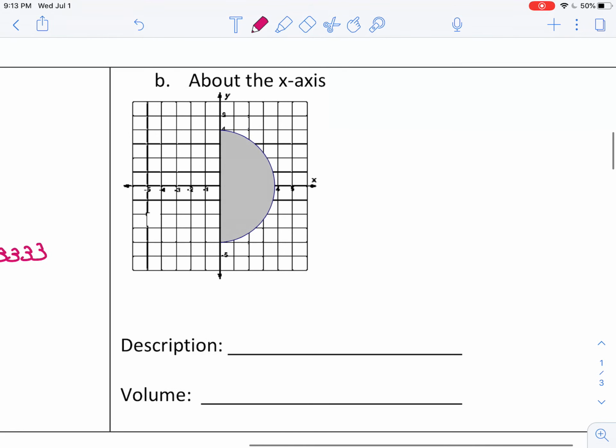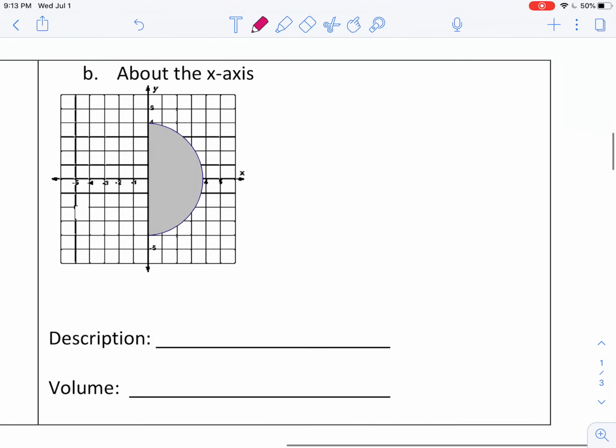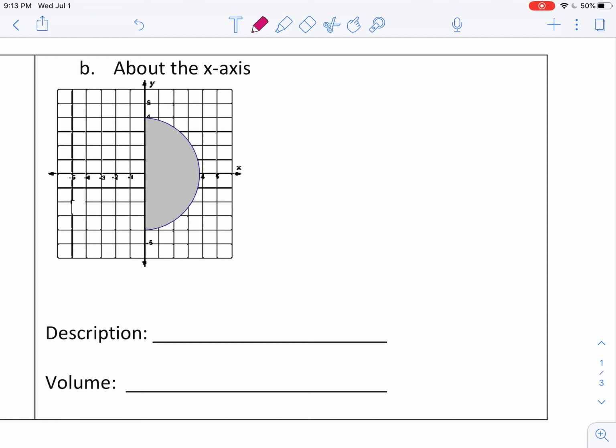That's pretty similar to what's going to happen on this one. We have the same semicircle, but now I'm going about the x-axis. So again, we're pretending this is a better drawn picture. This dot is on the x-axis, so it stays put. But any point that's not on the x-axis is going to be going in front of it and behind it as it spins around.